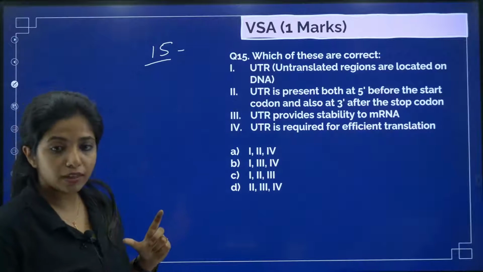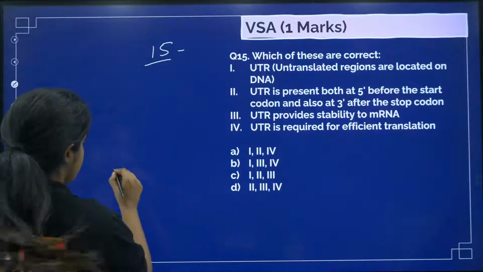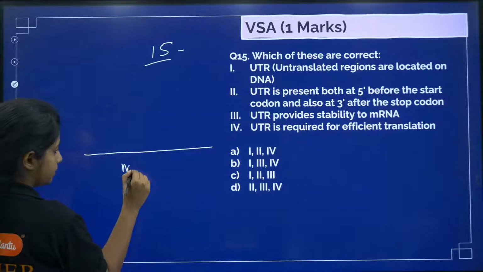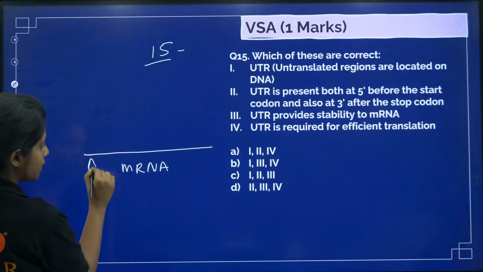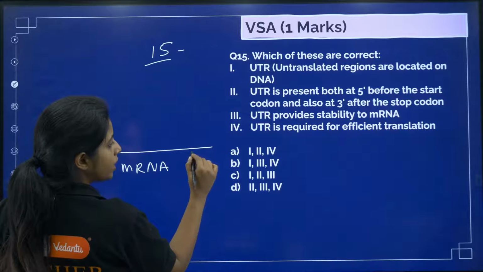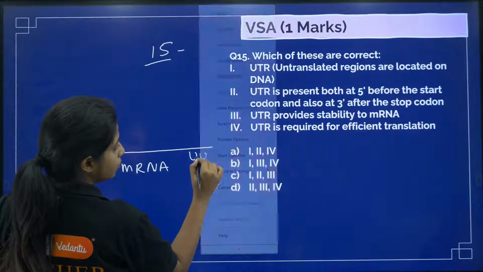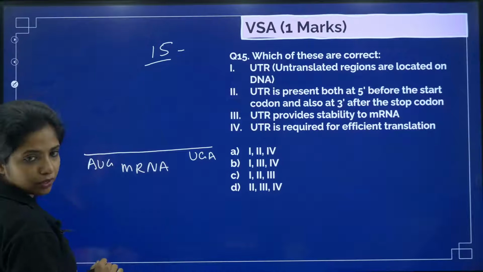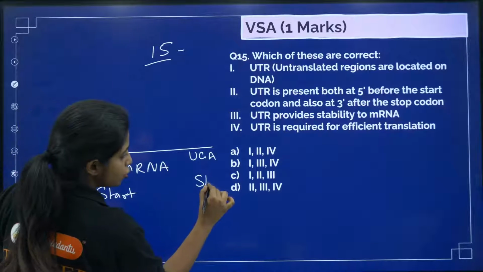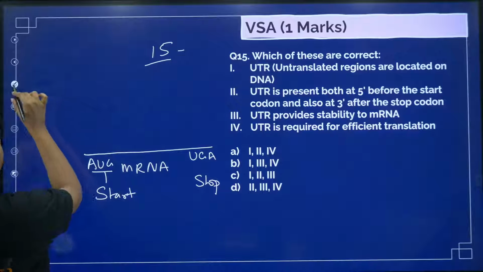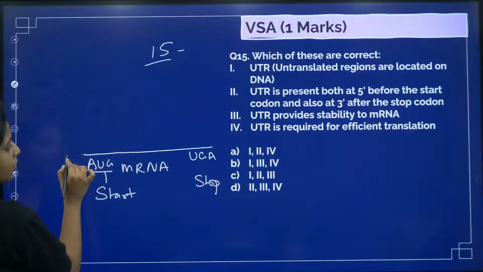So what do you mean by UTR? UTR is an untranslated region. If this is an mRNA, there will be a start codon, that is AUG. There will be a stop codon as well, for example UGA. In front of this, there are certain regions which are not translated.